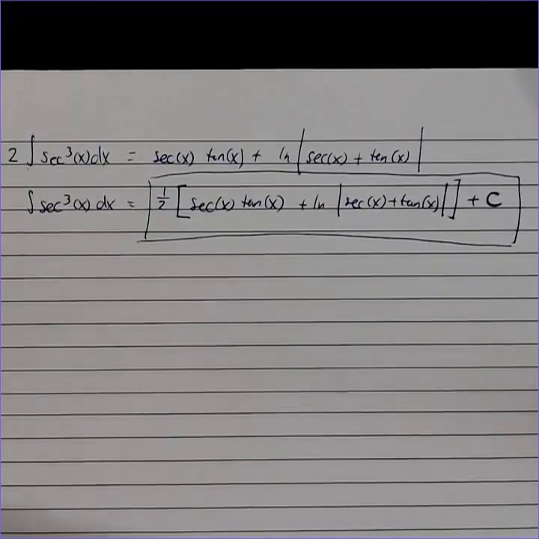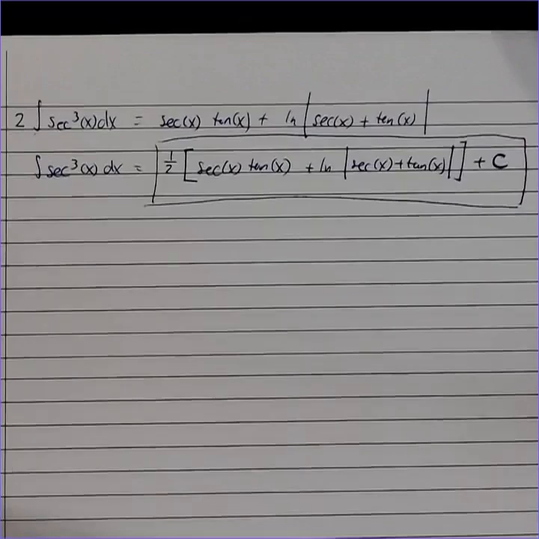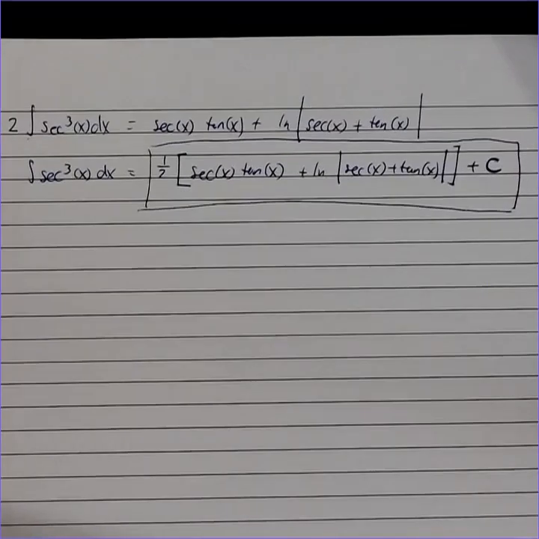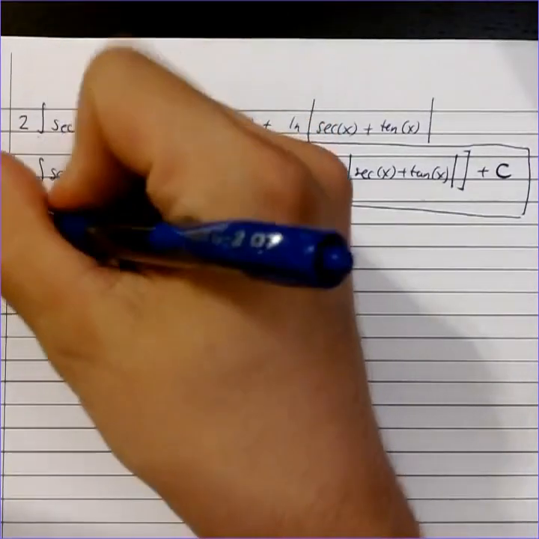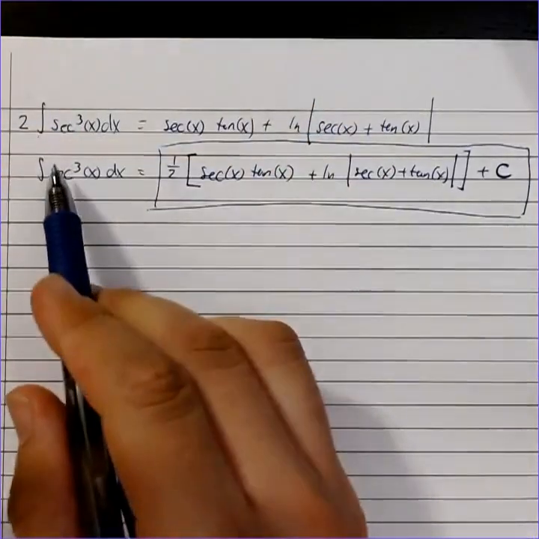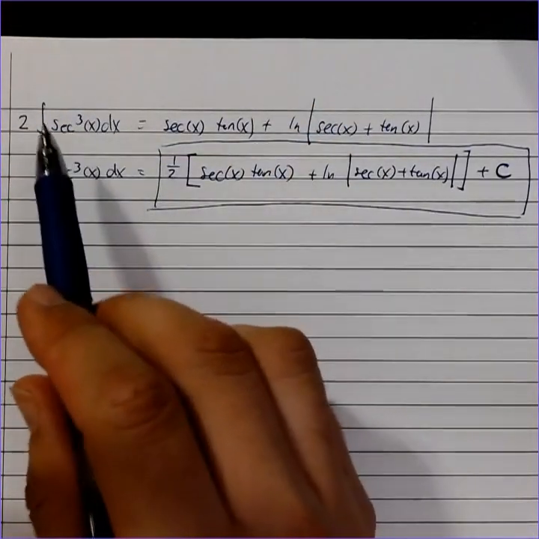The last one is, if all else fails, no one said you had to leave them as secants and tangents. So case number 5, it doesn't really fall into any category in particular.